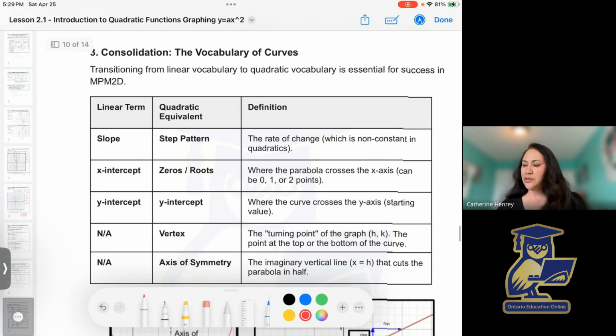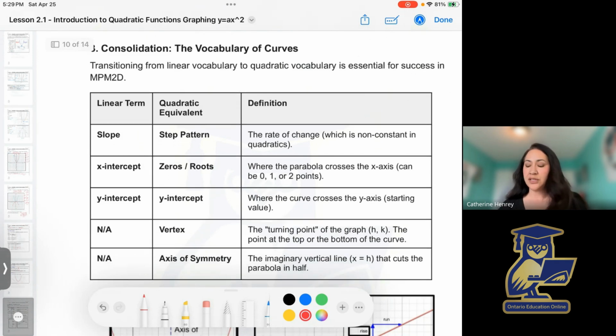So just wanted to talk about some terms that we'll see as they pertain to linear or quadratic functions and see what kind of differences there'll be. So for a linear function, we talk about the slope. But for a quadratic, we talk about a step pattern because it's not going to go up consistently and it's going to have a different step every time we move over one. It'll have a different value in the y direction.